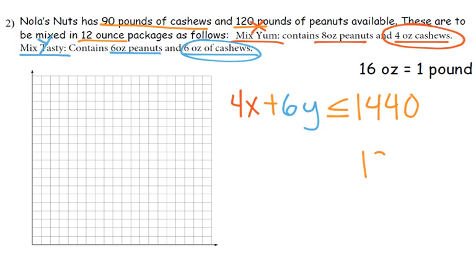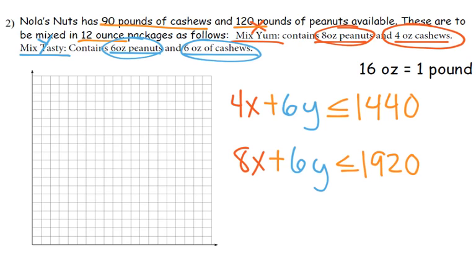So we have 1,920. And the amounts we use have to be less than that. So in Mix Yum, we've got 8 ounces, so I'd go 8x, plus in Mix Tasty, we've got 6 ounces, so it'd be 6y. Okay, so now we are going to graph these to figure out where things are connected.